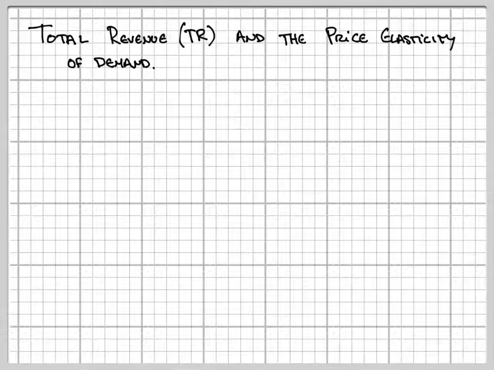So let's first define what total revenue is. Total revenue is the amount paid by buyers and received by sellers of a good.